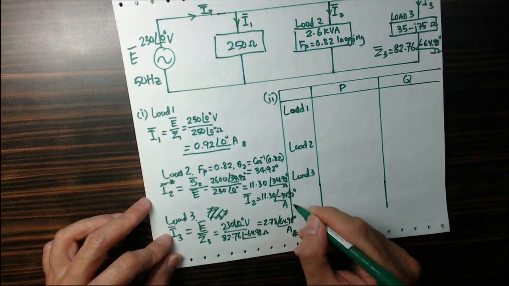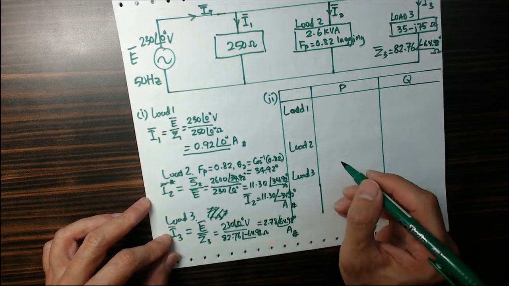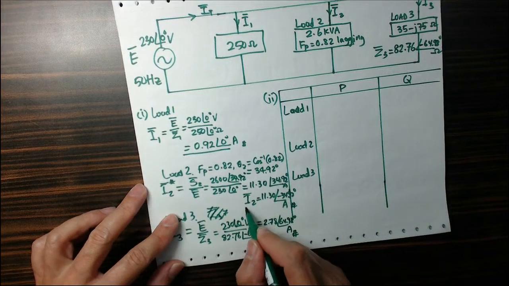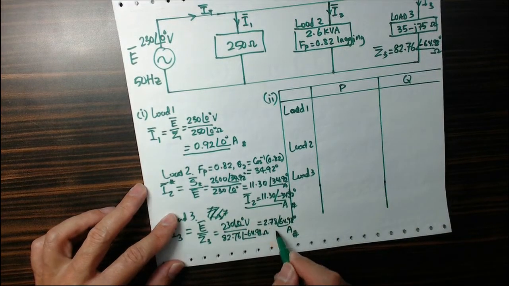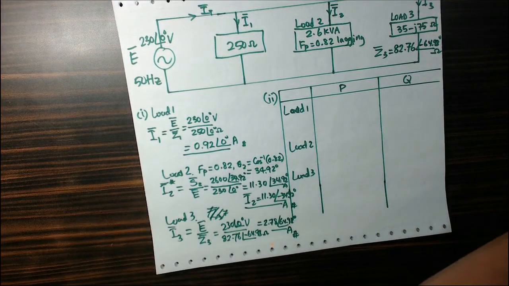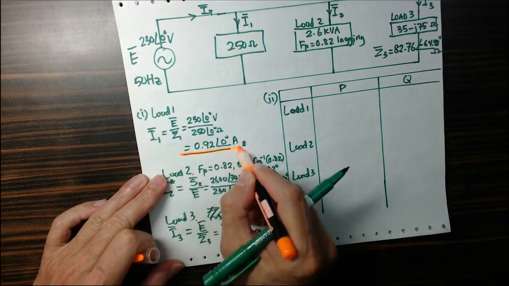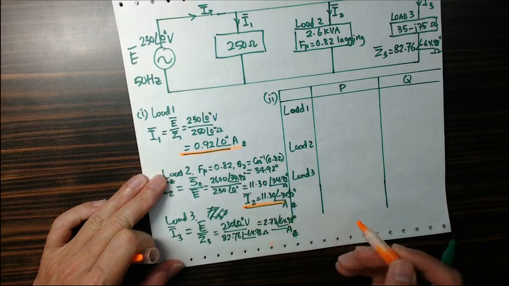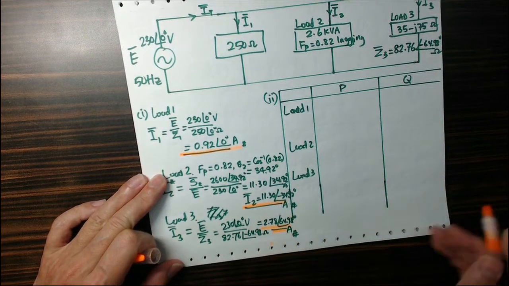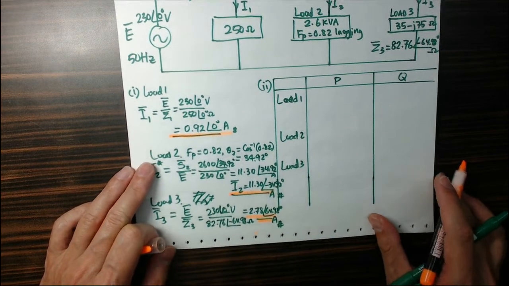So these are the 3 branch currents that we have calculated. Maybe I'll highlight this so that you can see it clearly: 1, 2, and 3. That's for part 1.